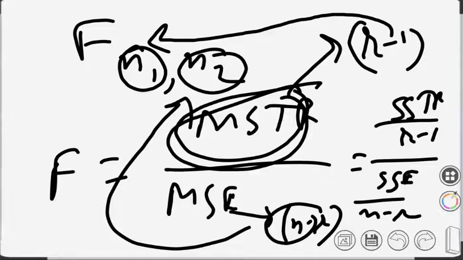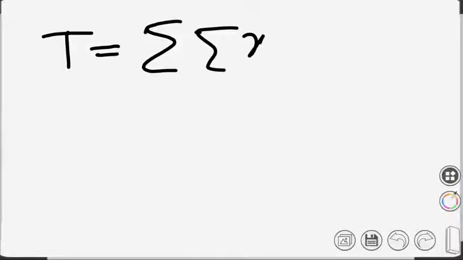Now we'll write down the different formulae relevant for one-way ANOVA. The first thing that we need to calculate is T. T is the total sum, the double summation of Xij, sum over i and sum over j. That means all the data that are there, we have to add all of them.